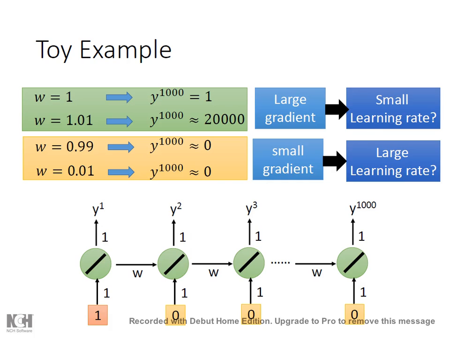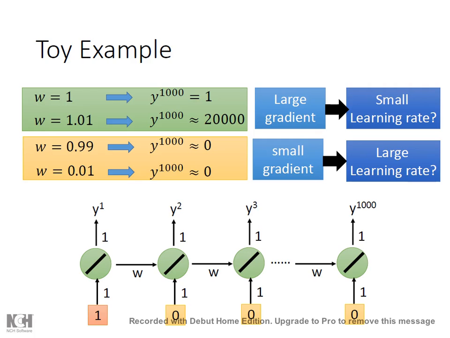And also, you see the example here. Since the memory will be kept, suppose your weight is 1.01, like this. After 1,000 times, your weight will become about 20,000.